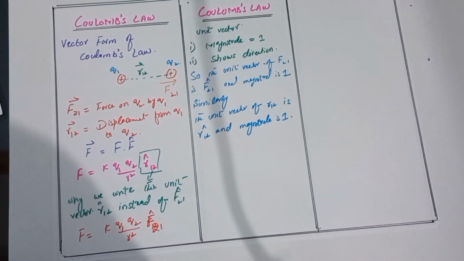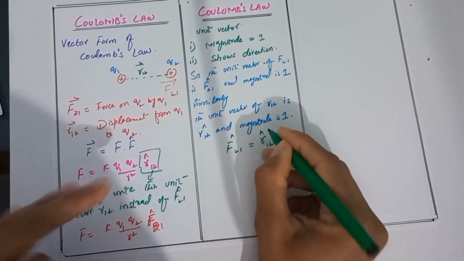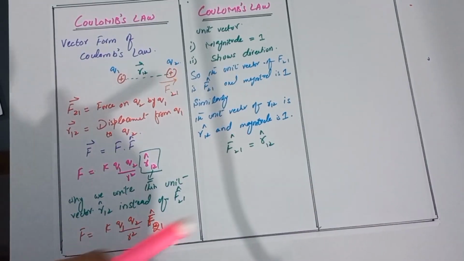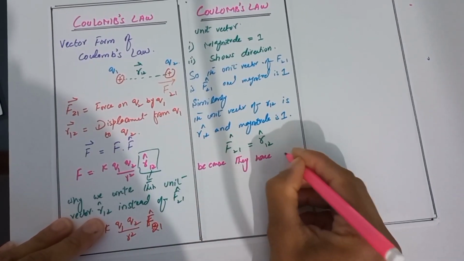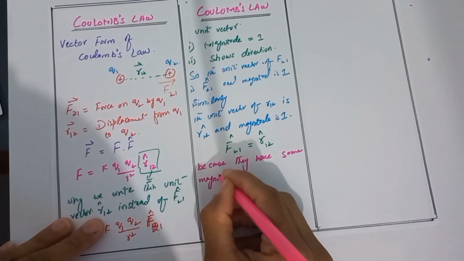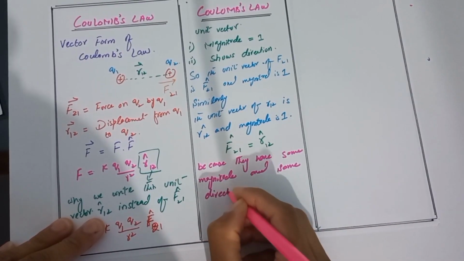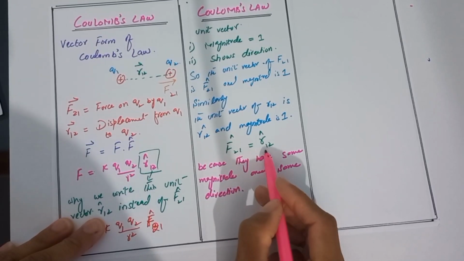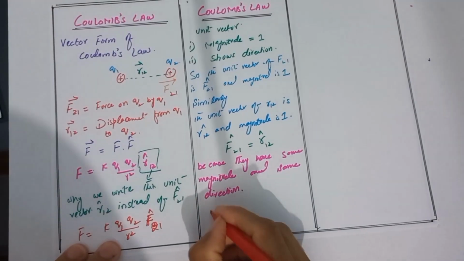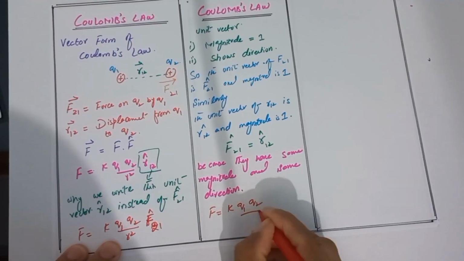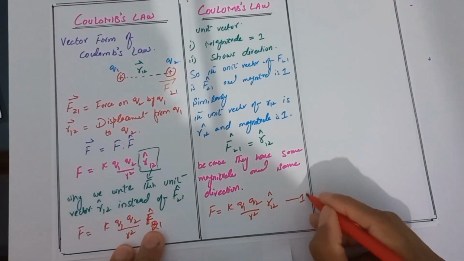Now listen carefully: the F21 unit vector is equal to the R12 unit vector because they have the same magnitude and the same direction. So instead of F21 we can write R12. So the equation is F is equal to K Q1 Q2 upon R square R12 unit vector. This is equation number 1.